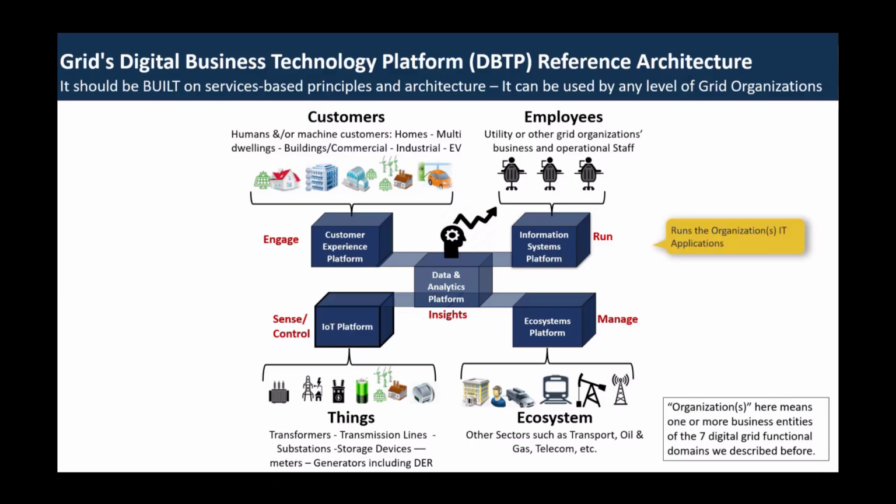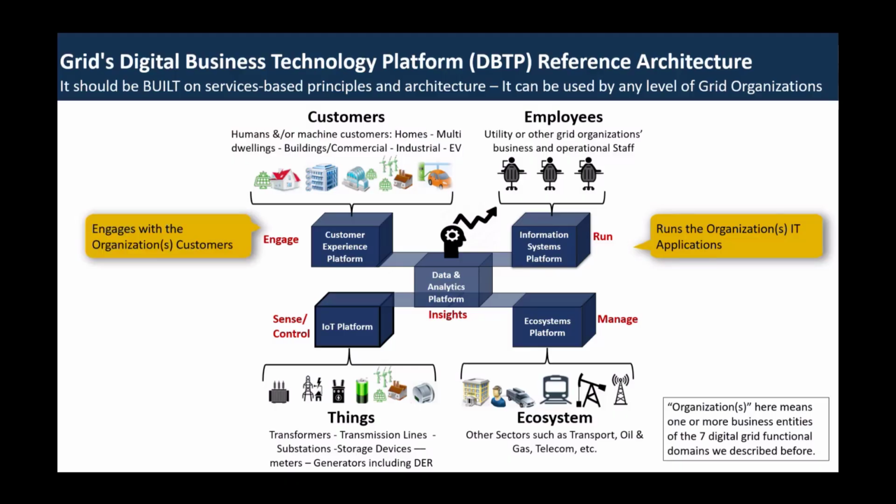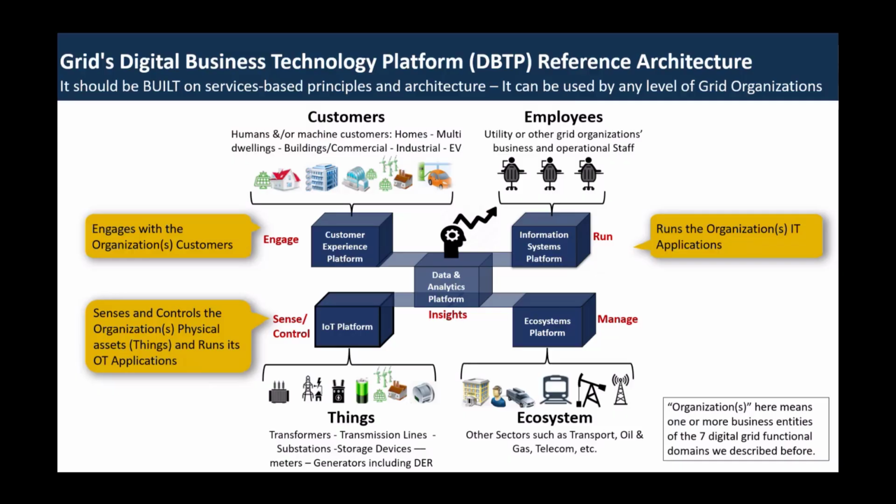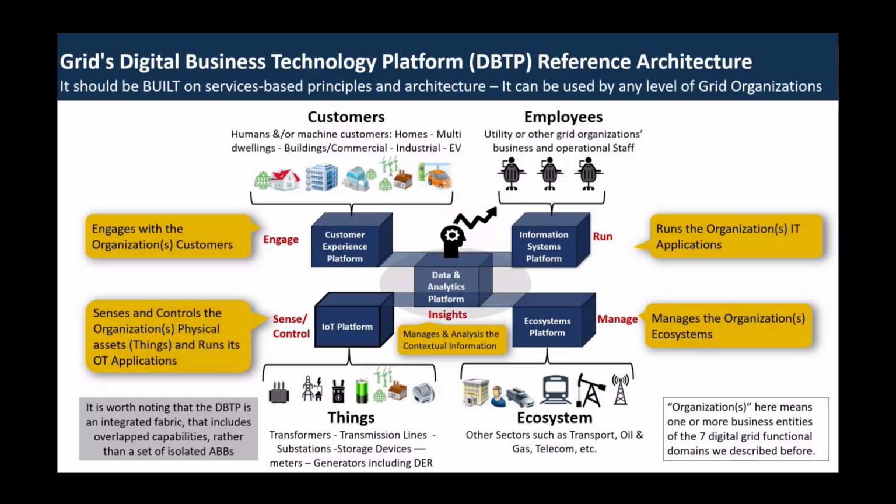the information system platform that runs the organization's IT applications, the customer experience platform that engages with organizations' customers, the Internet of Things platform that senses and controls the organization's physical assets and things, the ecosystem platform that manages the organization's ecosystems, in addition to the data and analytics platform that manages and analyzes the contextual information of the organization.